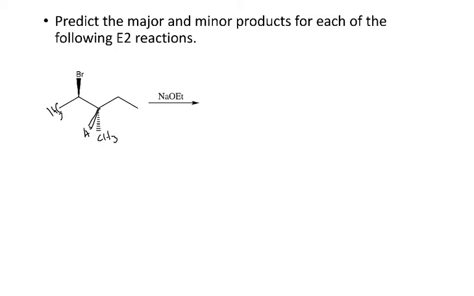So the first product I can make, if I pull off one of these guys, is going to give me this product, and then I've got two methyls coming off here, two hydrogens coming off here, so I don't have to worry about cis and trans isomers.